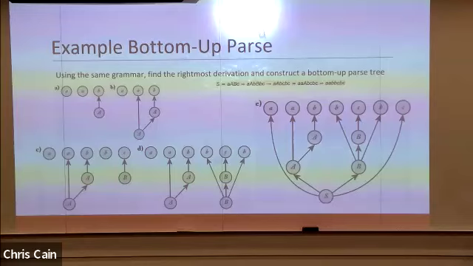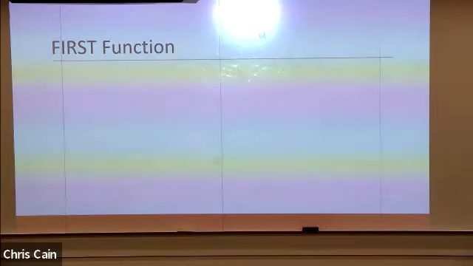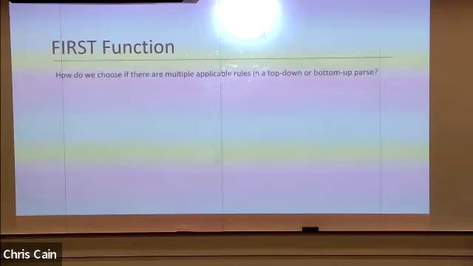To be able to understand the top-down LL parse, we need to define a couple of reasonably complicated ideas. The first is what we're going to call the first function. The issue that we run into if we're trying to answer the membership question is, which production rule should we apply when there are multiple production rules for a particular non-terminal?